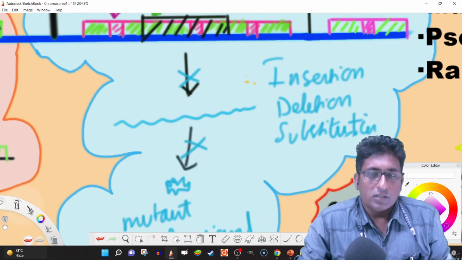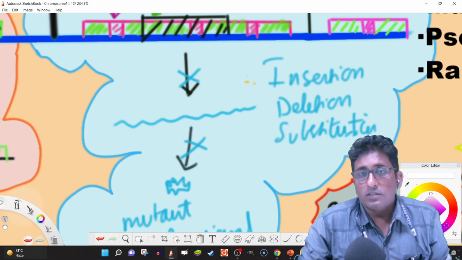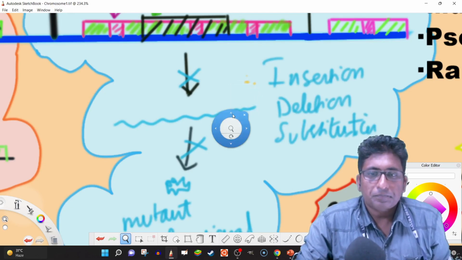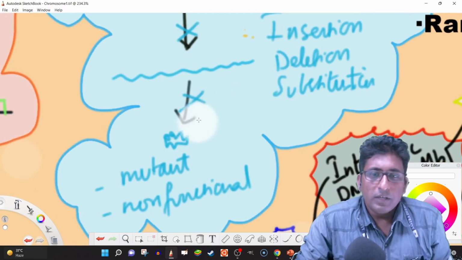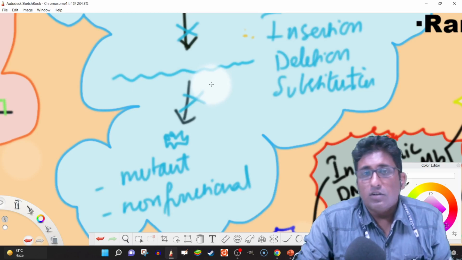Most of the mutations would result in loss of function, but it's not a general rule. There could be a gain of function as well. But in many cases, the protein that is produced is mutant and is not functional.